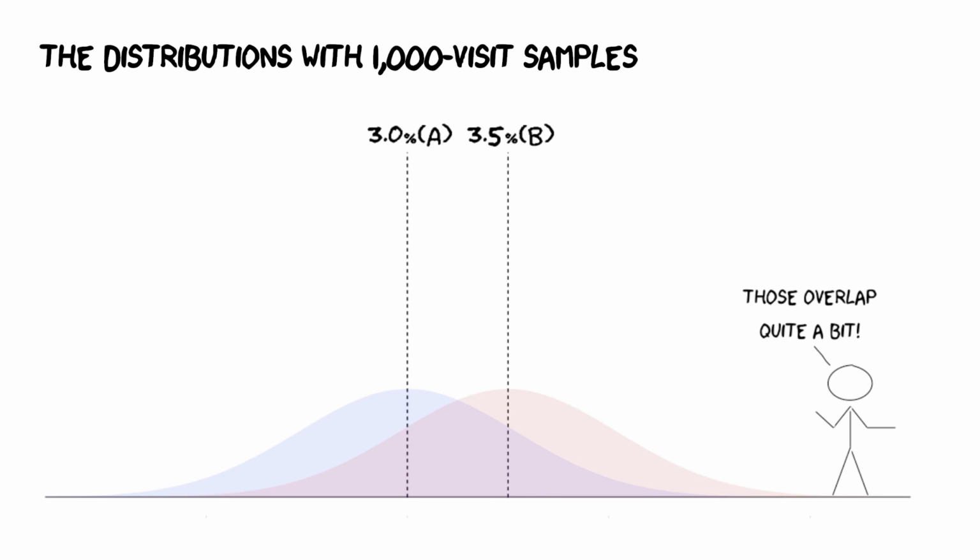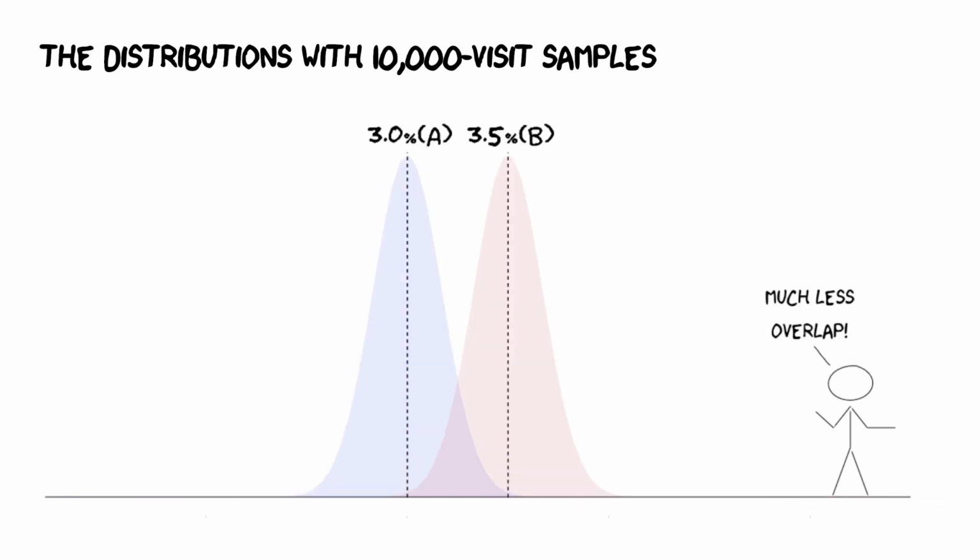If I pull 1,000 visit samples, then this is what my distributions will look like. There's a ton of overlap. There's a very good chance that I'm going to get observed sample means that maybe aren't going to really reflect which one of these is actually working better. If I did 10,000 visit samples, then these are what my distributions look like.